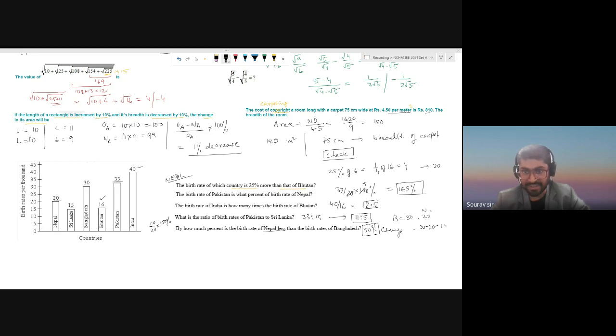And 75 centimeter, that's not realistic for a carpet, right? 75 centimeter is how much? That's like 2.5 feet. No, that's not realistic. The carpet should be squarish. Anyway, I'll check this sum, see if somebody has recreated it better from memory. Otherwise, this first paper is done.